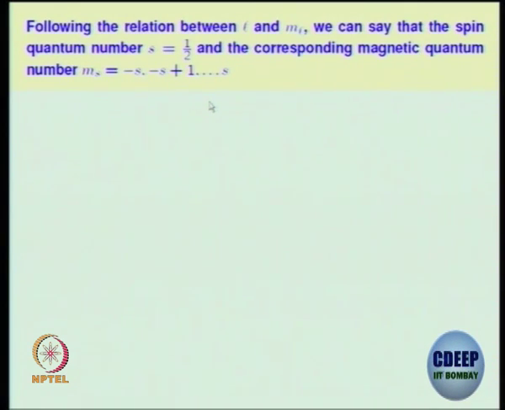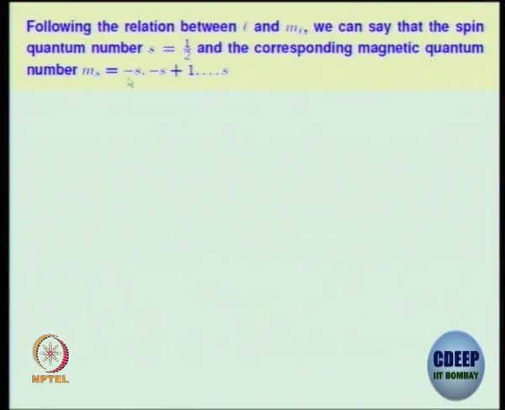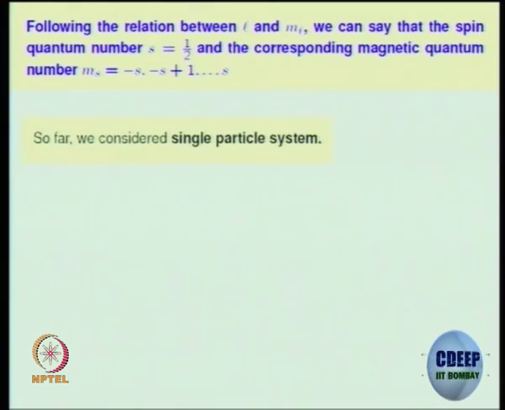That's why you see two distinct lines accounting for the spin angular momentum even though L is 0. Even though L is 0, when you turn on a magnetic field, you see two distinct lines, two splittings, because of the spin quantum number with s equal to half and ms equal to minus half and plus half. So let me stop here.